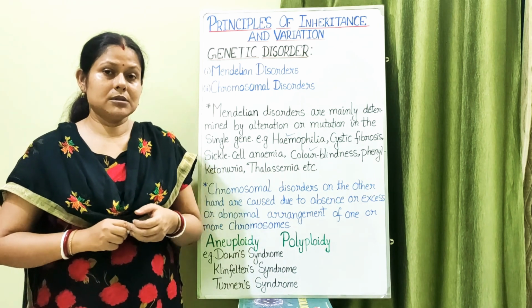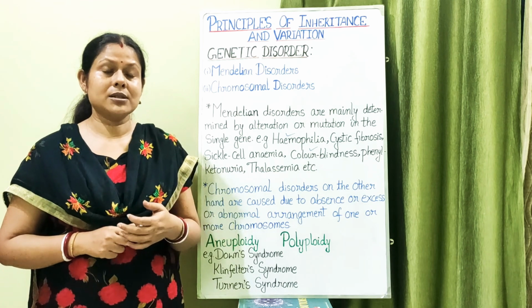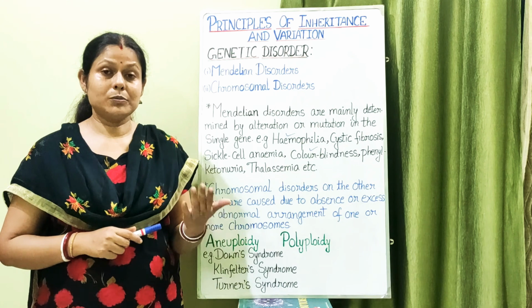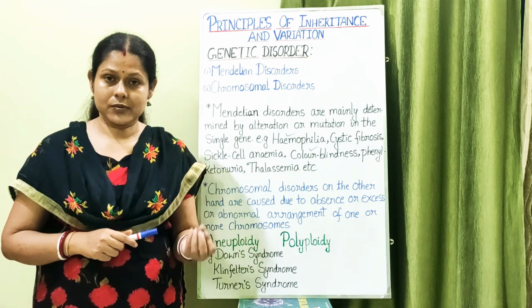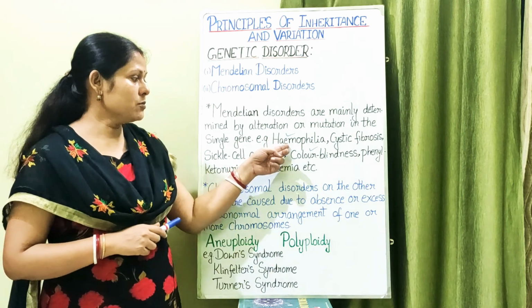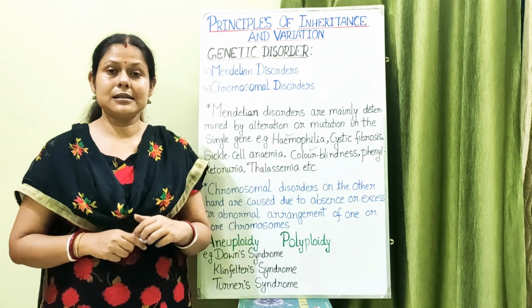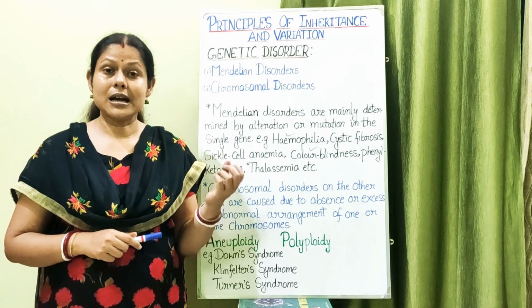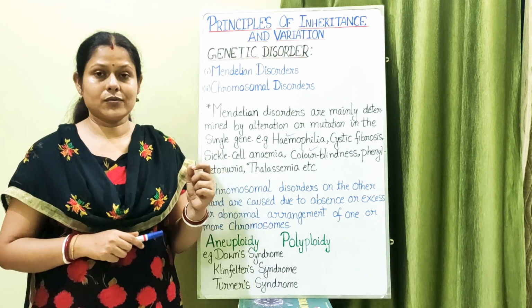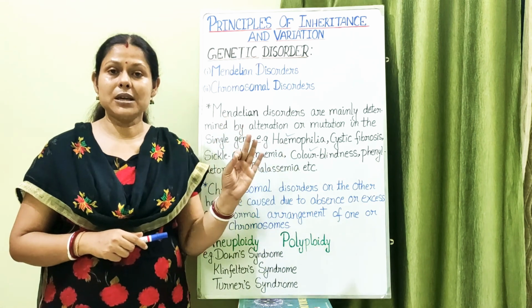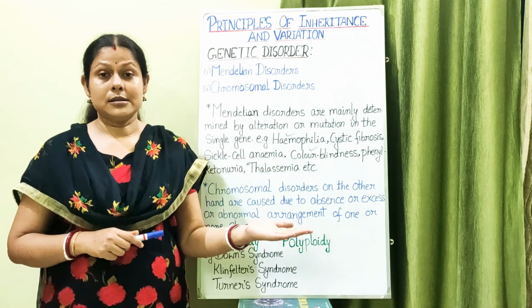The inheritance which takes place from an individual to the next generation by means of the last pair of chromosomes is known as sex-linked inheritance. Hemophilia and color blindness are sex-linked recessive disorders in human beings, transmitted from the female to her son.